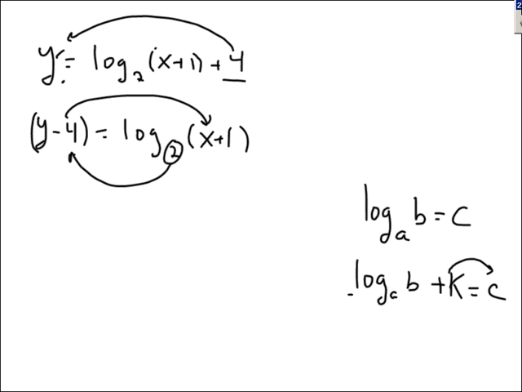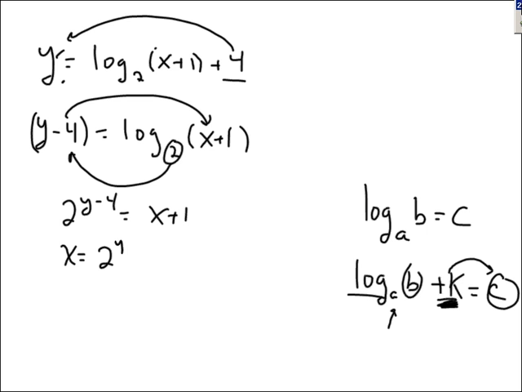You have to have log, a base, of something, and nothing else. You can't have plus 2 or plus 4. Okay, so 2 to the y minus 4 is x plus 1. Bring the 1 over as minus 1. X is 2 to the y minus 4, then take away 1. That's the graph that we're going to draw.